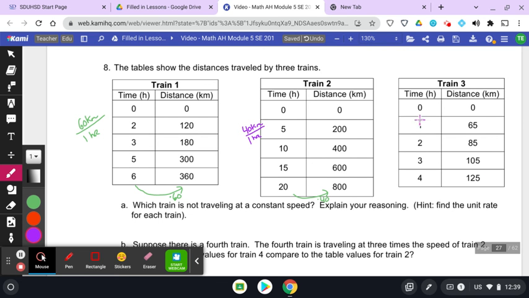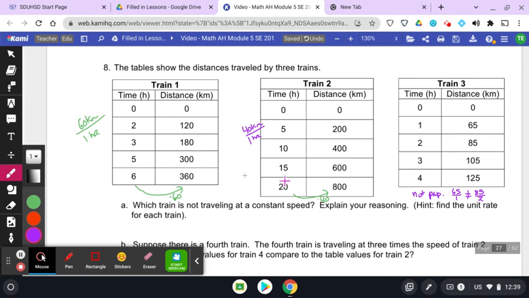All right, this last one, 1 times 65 is 65, but 2 times 65 is not 85. So this one is not going at a consistent speed. This is not proportional. I know, because 65 over 1 is not the same as 85 over 2. The train slowed down.